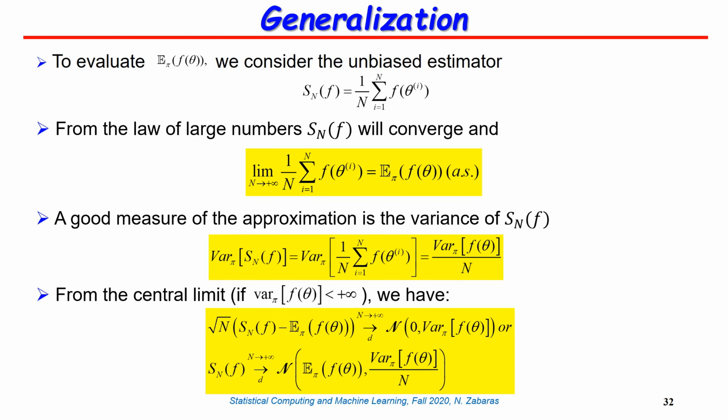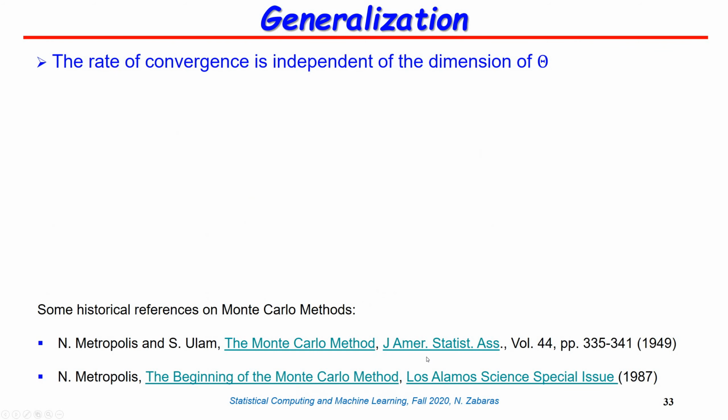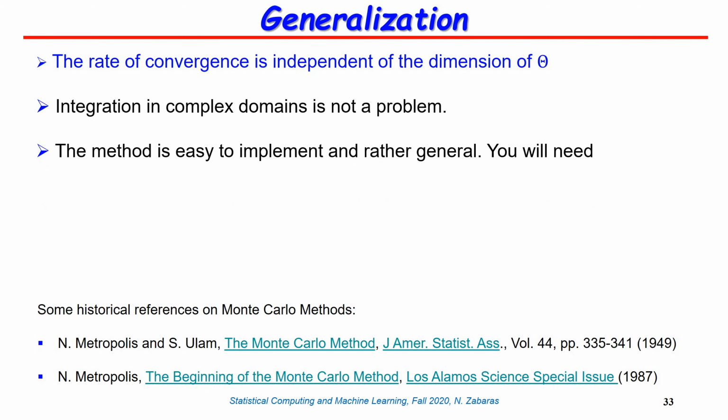It converges to the true expectation of f of theta, and you know that the error, the variance, is the variance of f of theta divided by n. Again, we need to be able to take samples, and we need to be able to evaluate the function f for each of the samples.